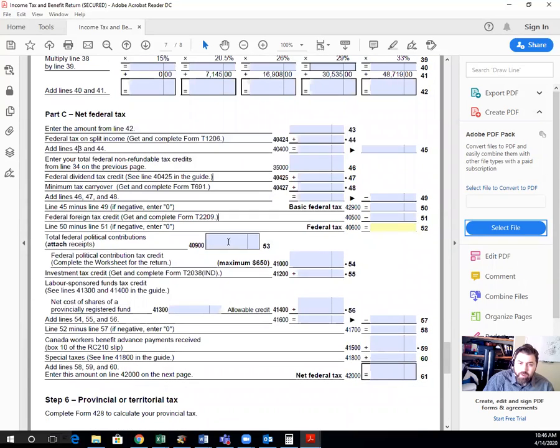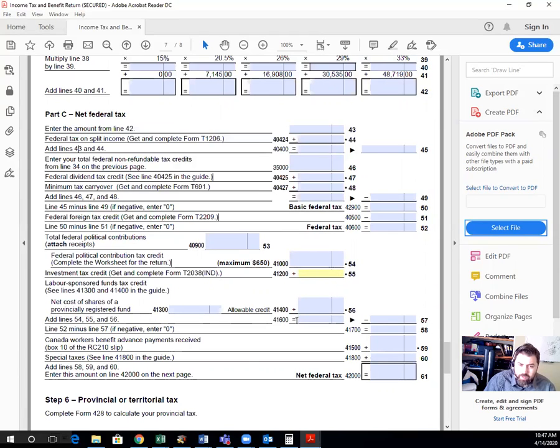Okay, but then we've got total federal political contributions, federal political contribution tax credit. So we have to complete the worksheet. The worksheet is where we're going to get our federal political contribution tax credit. We would put it in here, and any other tax credits that are not a part of this course.